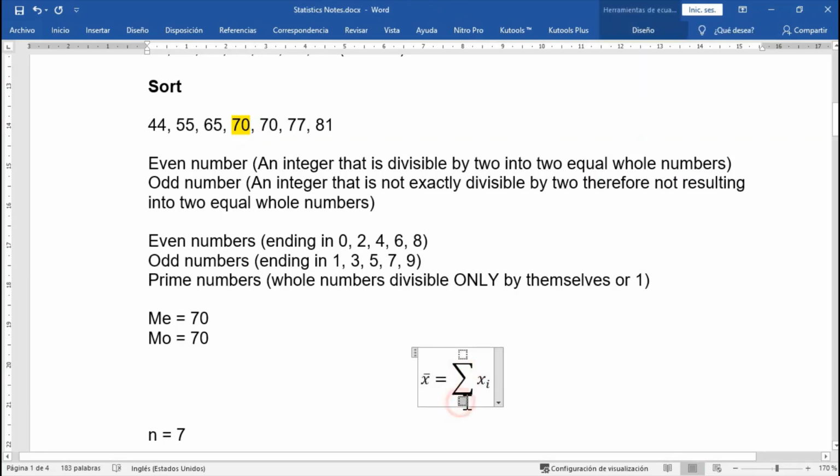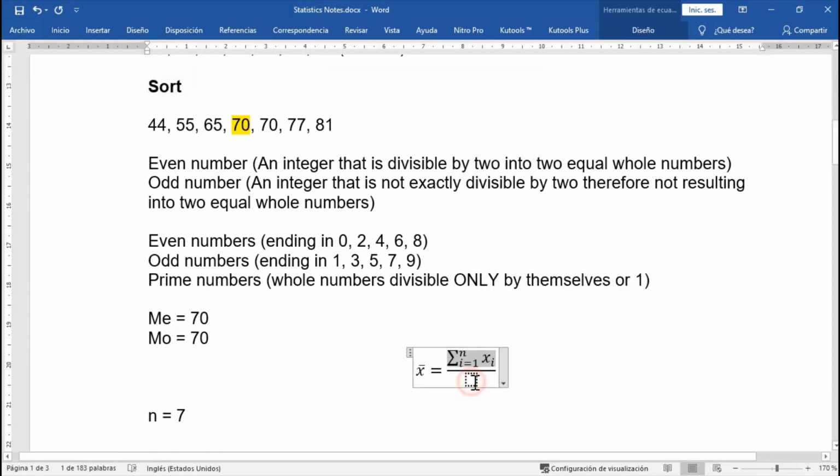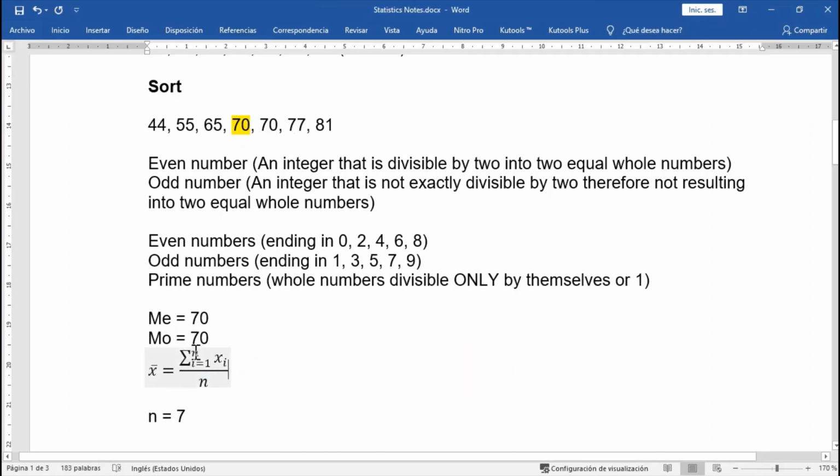The sum, okay, something like that, right? This is the mean, the sum of all the values, xi from 1 to n, divided by n.